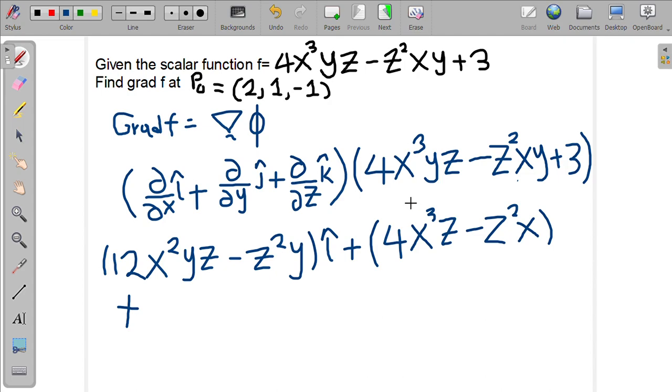It is with respect to z, and we already know that there is z here and here, so it is going to be 4x cubed y, then minus 2zxy.